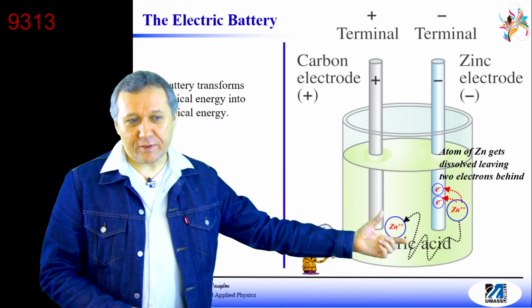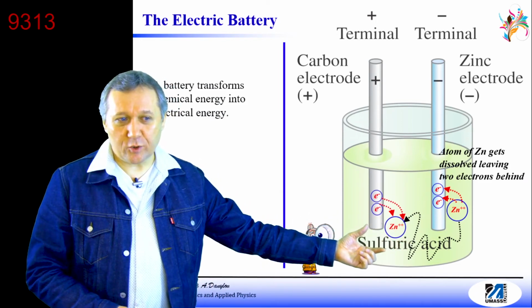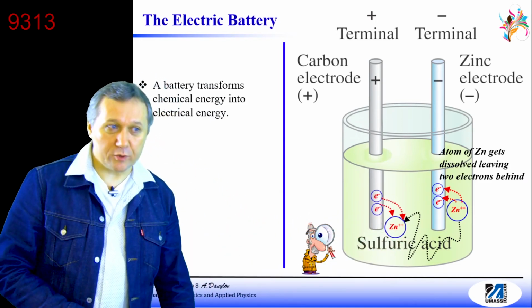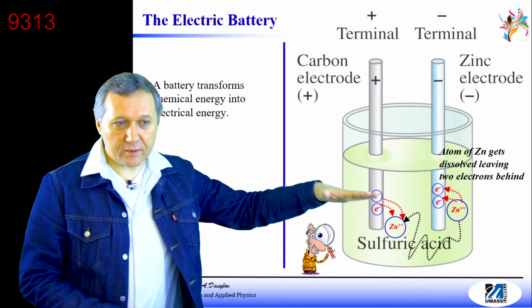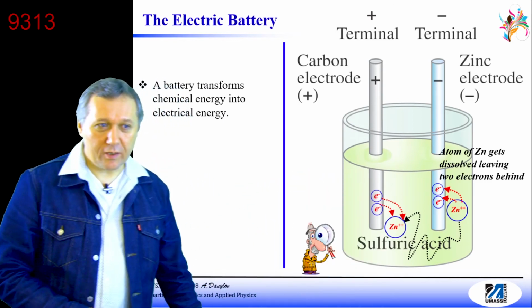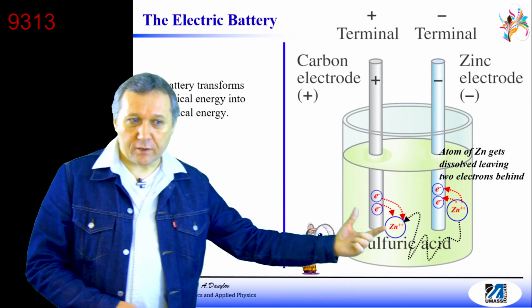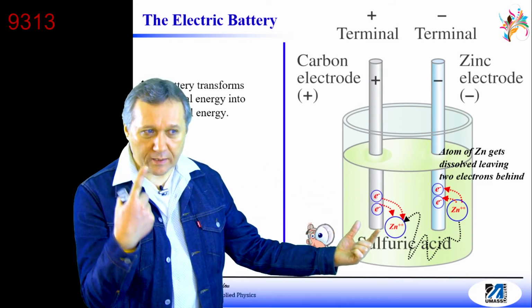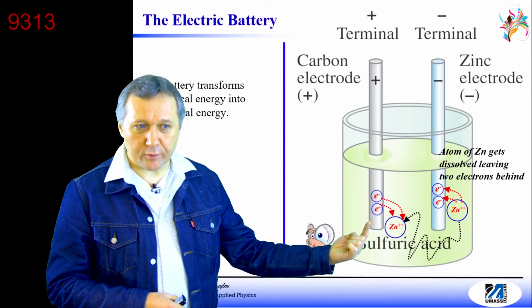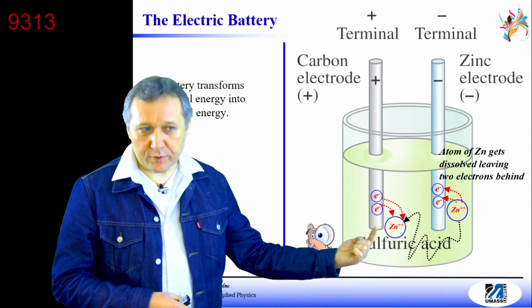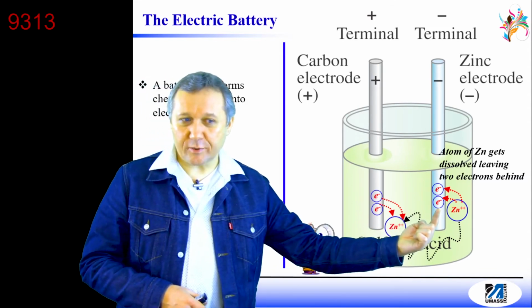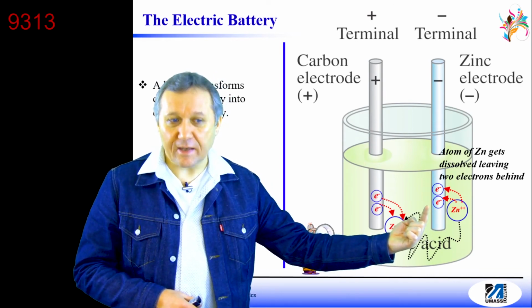So the zinc ion gets these 2 electrons, becomes neutral, and sinks down to the bottom of the jar. As a result of this drift of only 1 atom of zinc, this electrode becomes slightly positively charged, and this electrode becomes slightly negatively charged.